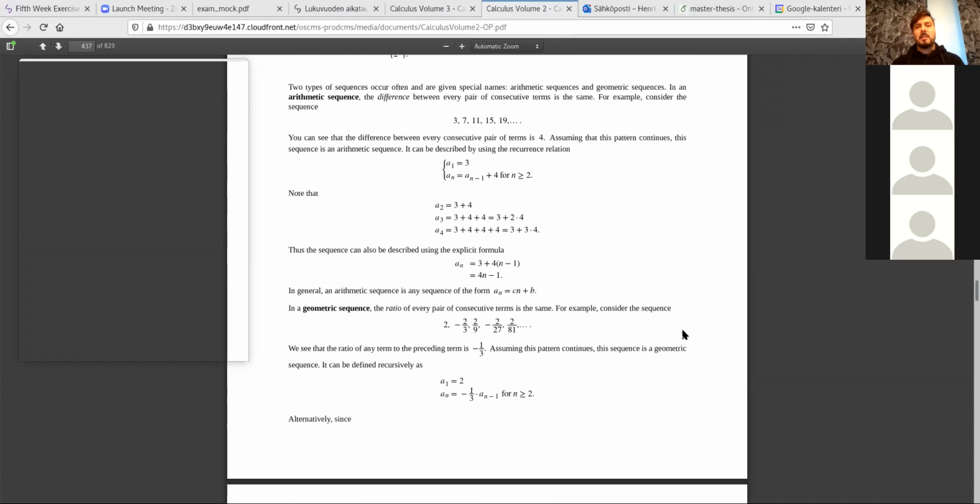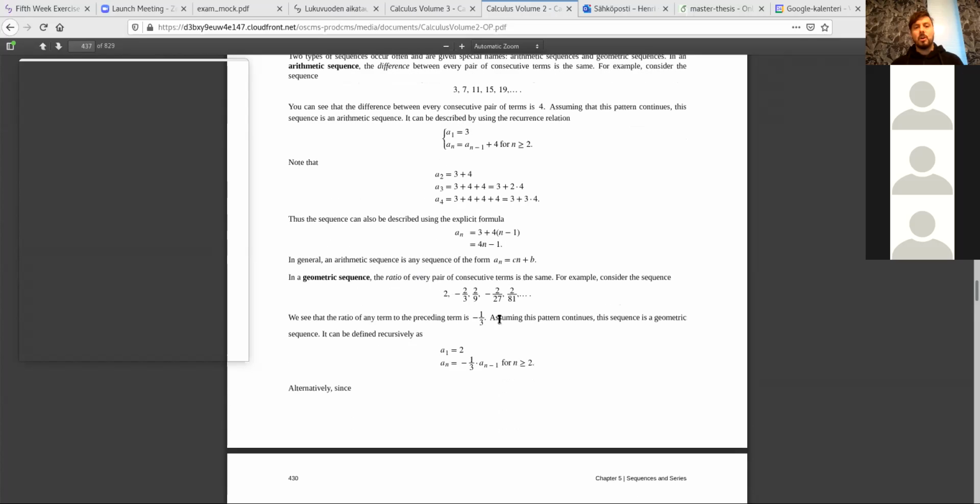Usually we say that a sequence is arithmetic if it can be expressed by a recurrence where you only add something to the previous one, and geometric if it's the previous one multiplied by something. In other words, the arithmetic sequences are usually linear or affine functions of n, affine meaning linear plus a constant, and the geometric ones are usually exponential functions of n.